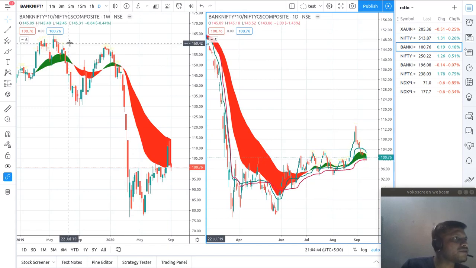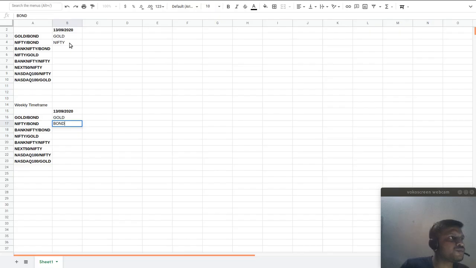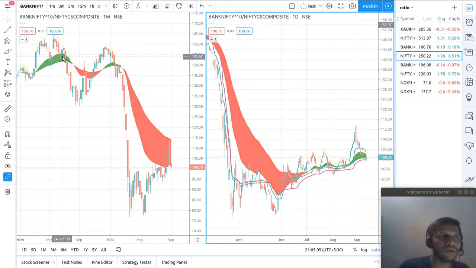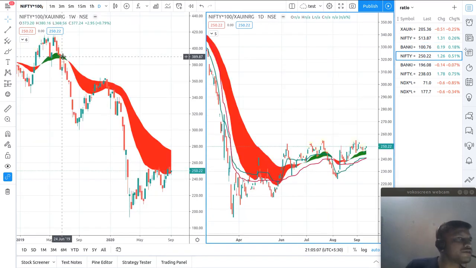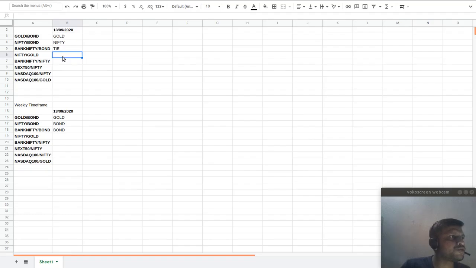When it's Bank Nifty versus bonds, sorry, bonds are outperforming in the weekly time frame, and in this it's almost a tie. For Nifty versus gold, in the weekly time frame, gold is outperforming, and here it's almost a tie.